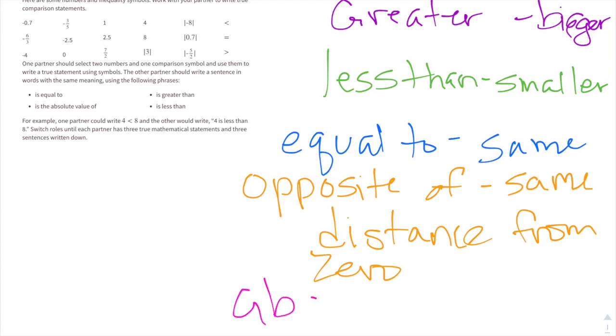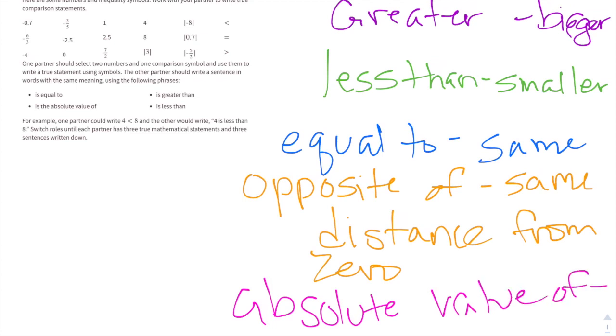Now our absolute value of just means that, right? That we understand what absolute value is, so it is the absolute value of whatever. I don't know that needs more explanation, but we'll see how that plays in here.